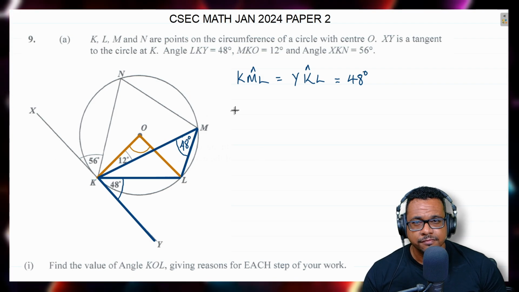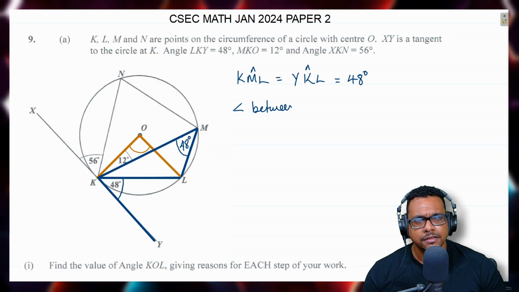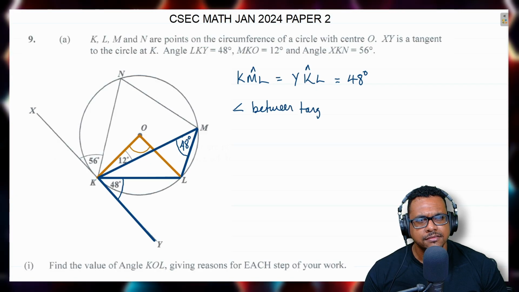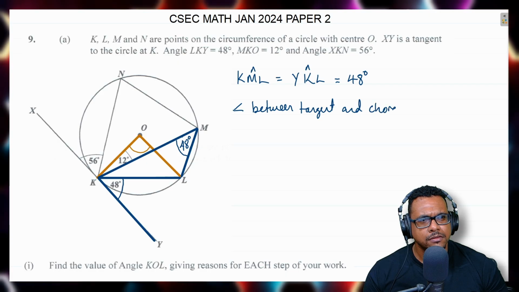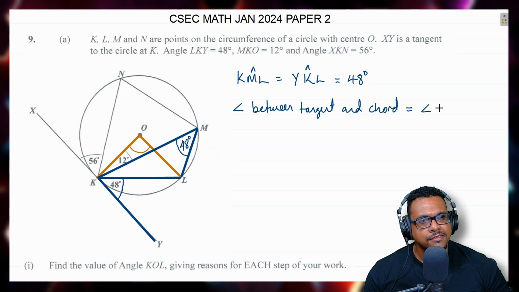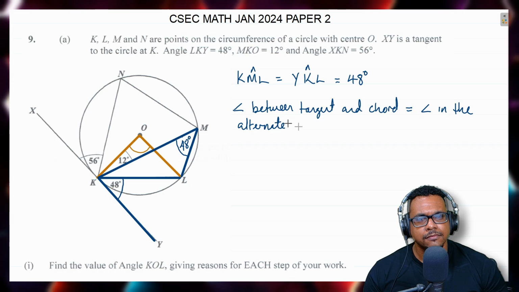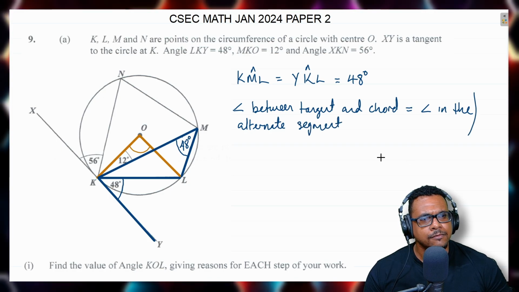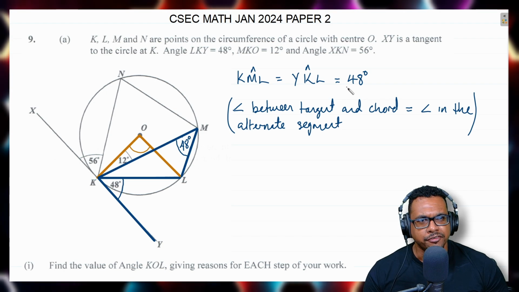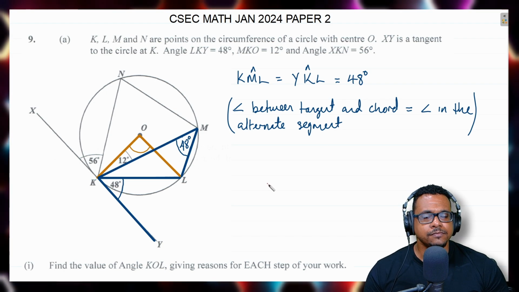And my reason, angle between tangent and chord is equal to the angle in the alternate segment. All right, so that's my reason for this being 48 degrees.